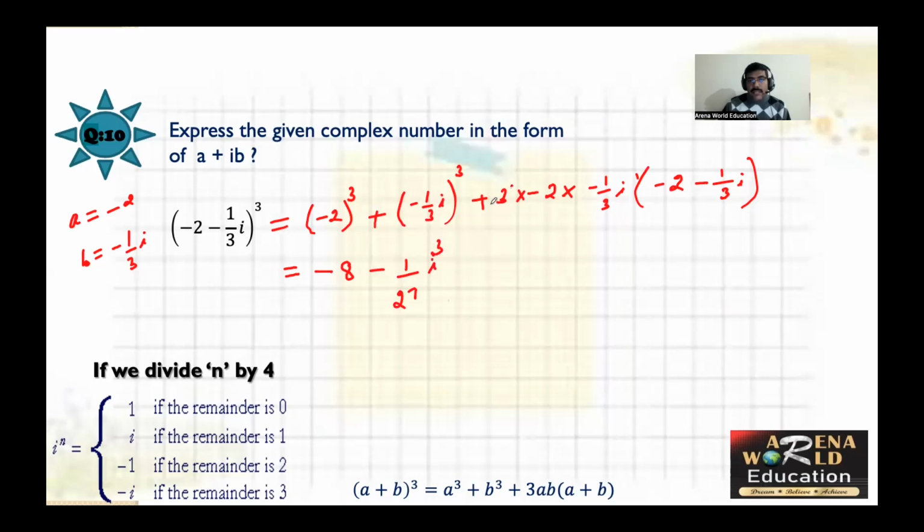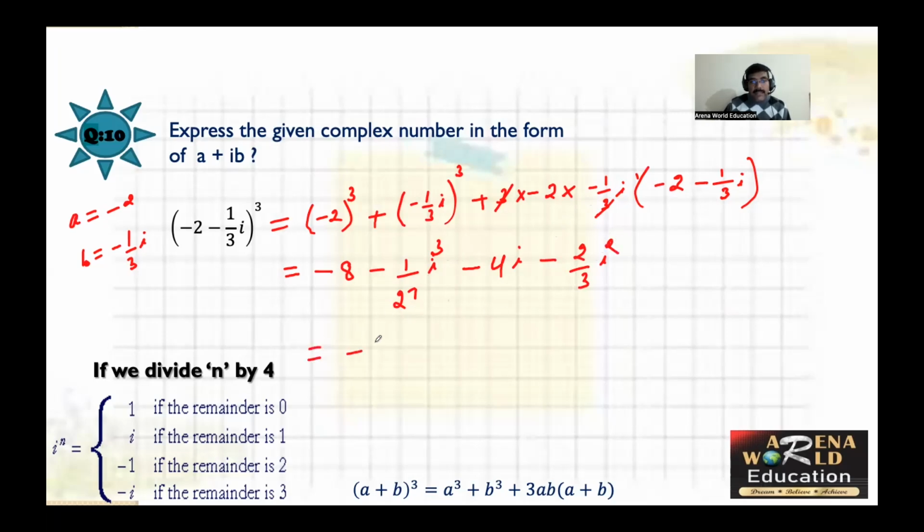Now the next step: 3 and 3 are gone, minus minus plus, and plus iota is plus 2 iota here, right? So 2 iota into minus iota will be minus 4 iota. 2 iota into minus 1 upon 3 iota will be minus 2 upon 3 iota square, right?